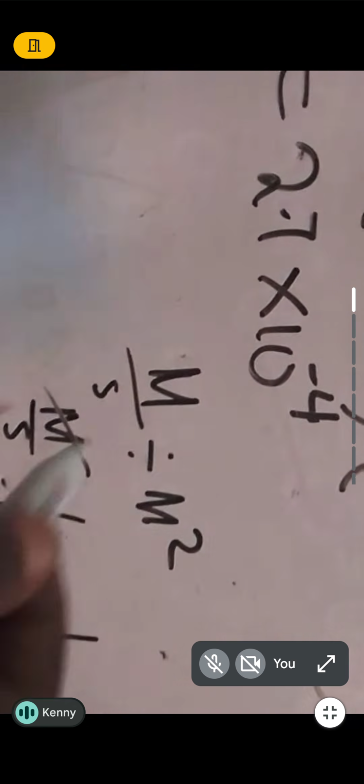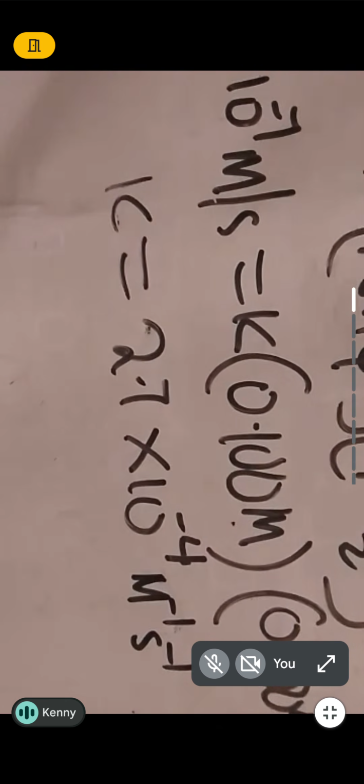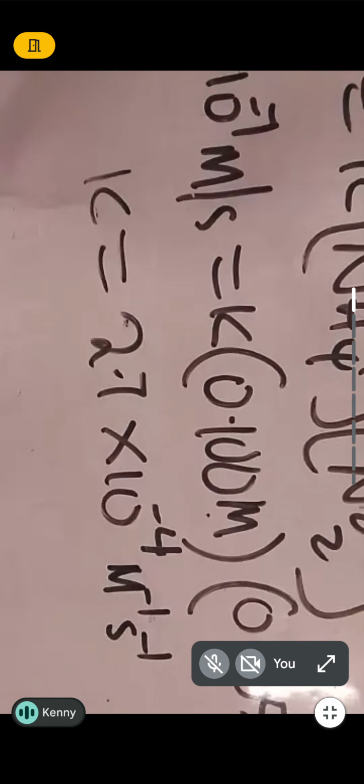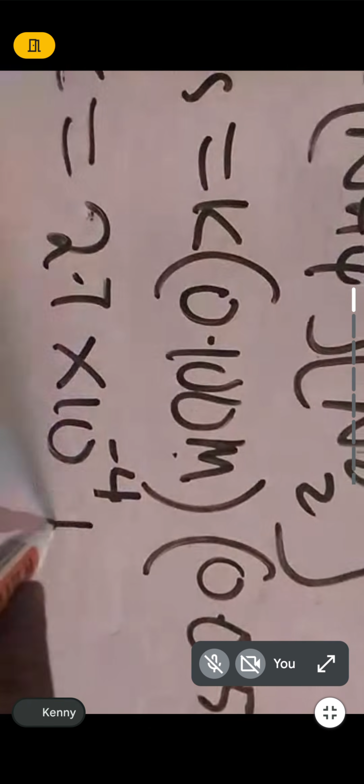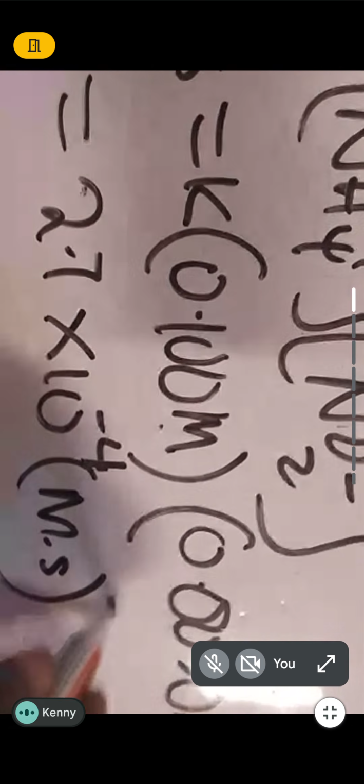So it's just per molar per second, or you can put it as molar to the power negative 1 second to the power negative 1.